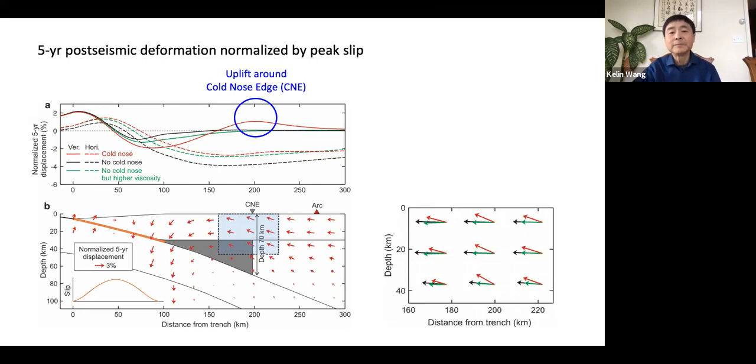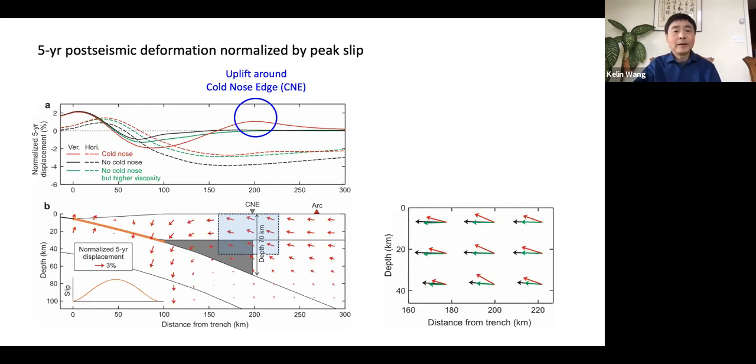In that perturbation, if the mantle flow encounters a stiff cold nose here, the flow is deflected to flow a little bit upward to cause uplift here. If there's no cold nose to deflect the flow, the deformation will simply go horizontally in the seaward direction. So that explains why we have this diagnostic uplift to tell us there is a cold nose here.